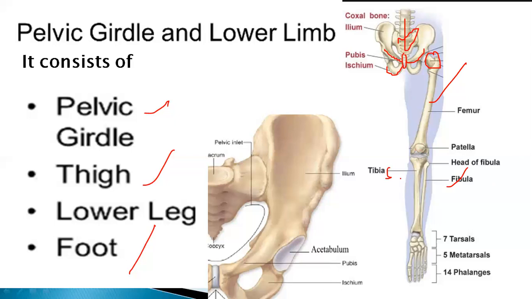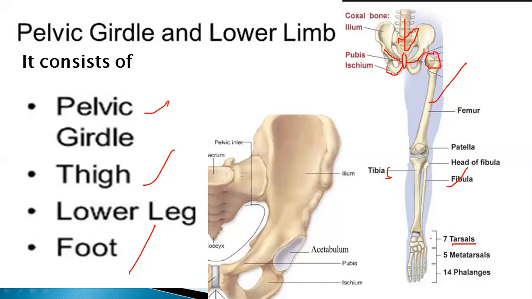Tibia is the strong, longer and thicker one, and fibula is a smaller one. Okay, so the wrist bones of the hand are called carpals, but here they are called tarsals.